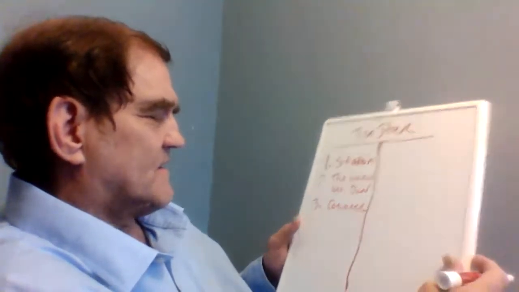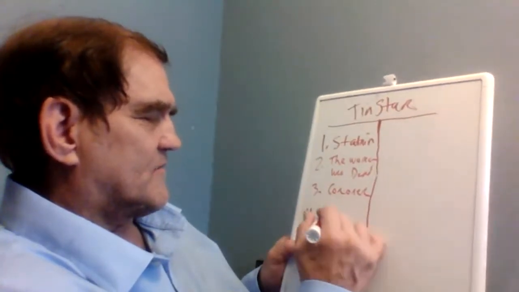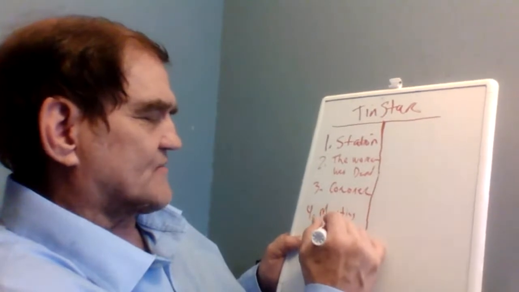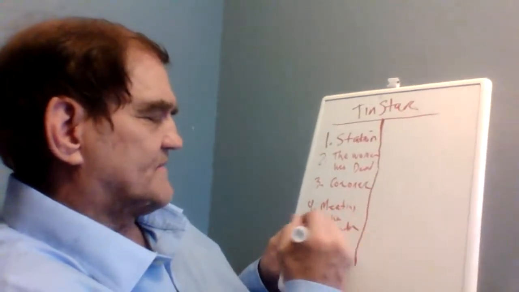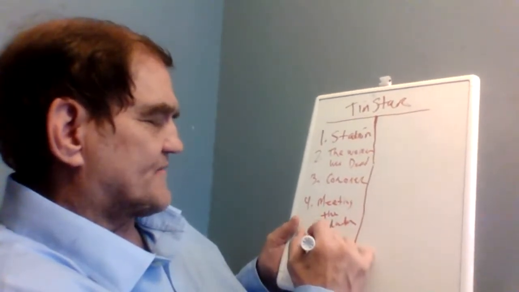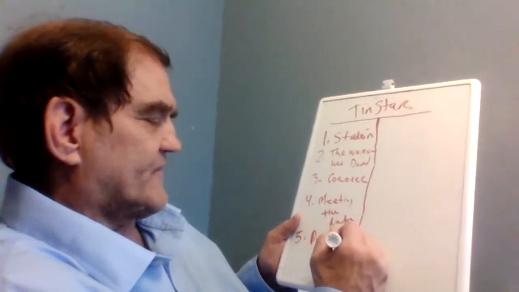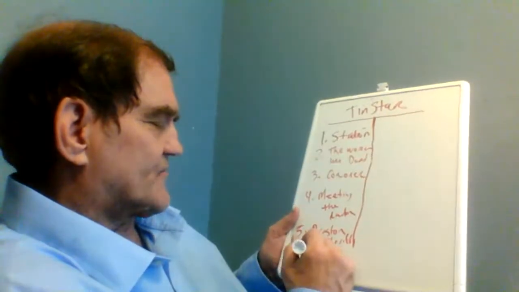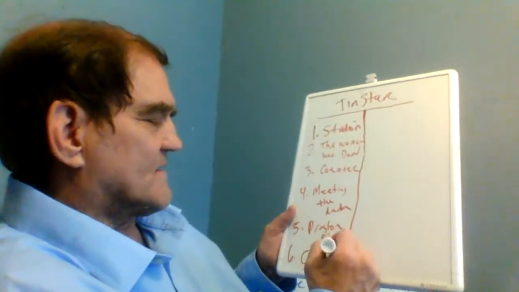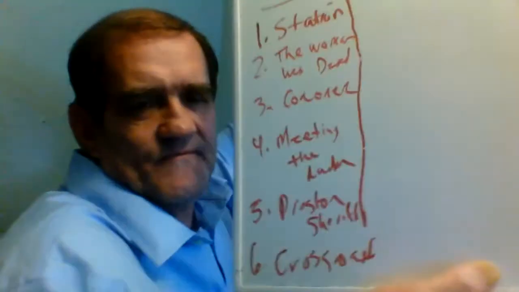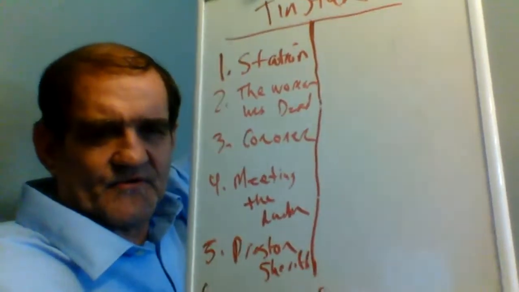And then 4, meeting the rancher. And then 5, the Preston sheriff. And then 6, on the crossroads. So right there are our 6 basic events that help you understand the story.